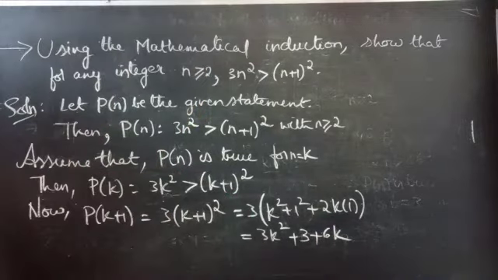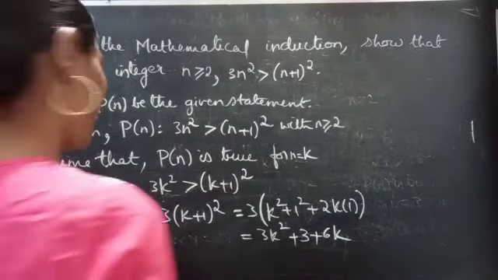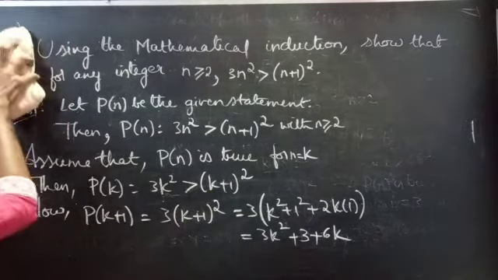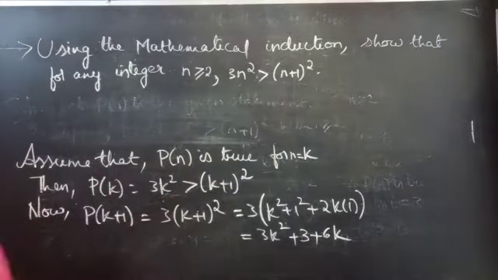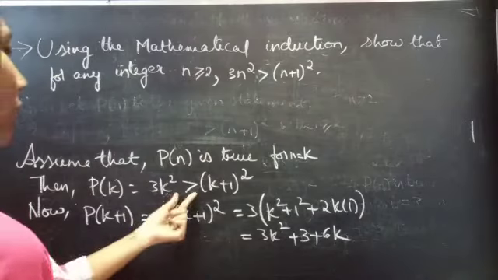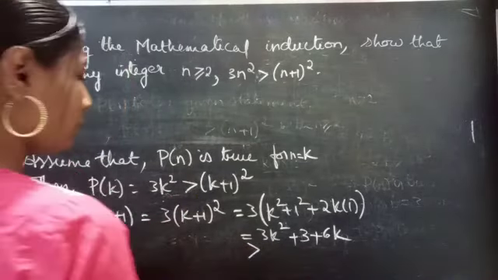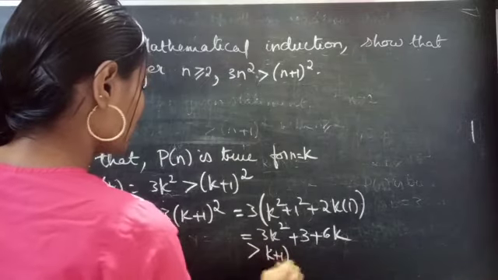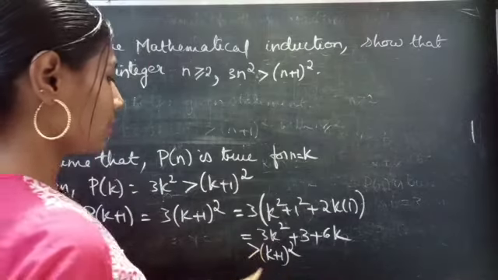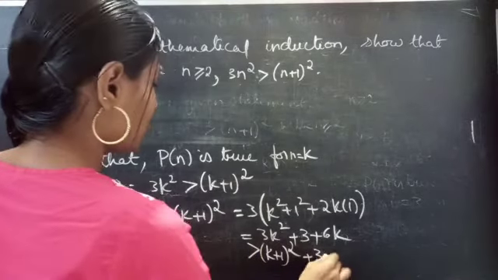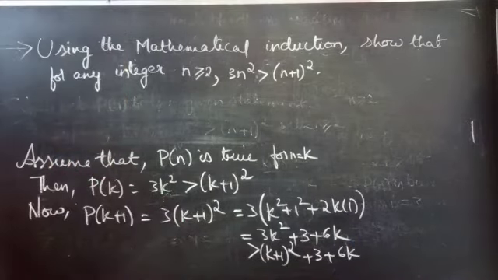Since 3k square is greater than k plus 1 whole square, this must be greater than k plus 1 whole square plus 3 plus 6k.